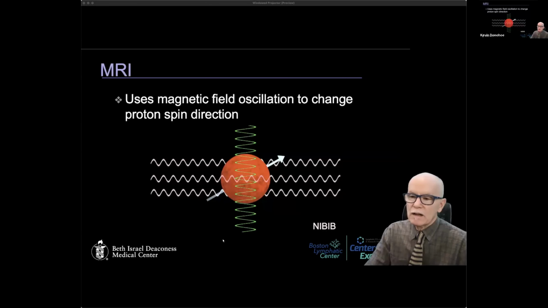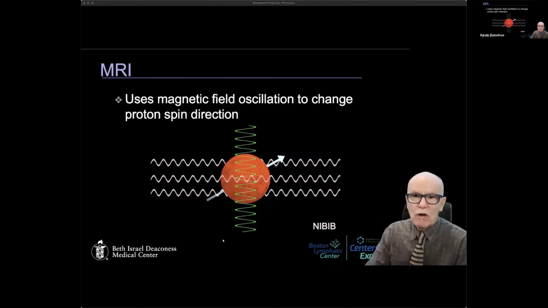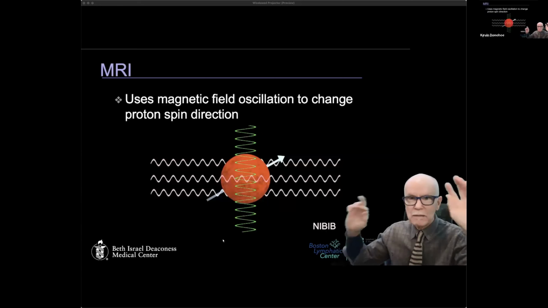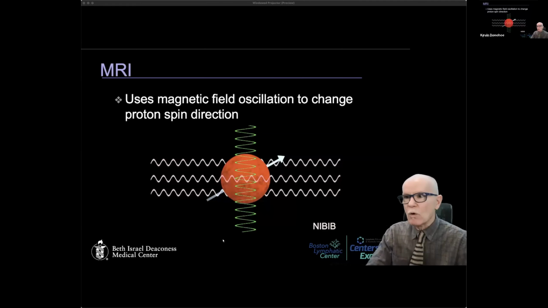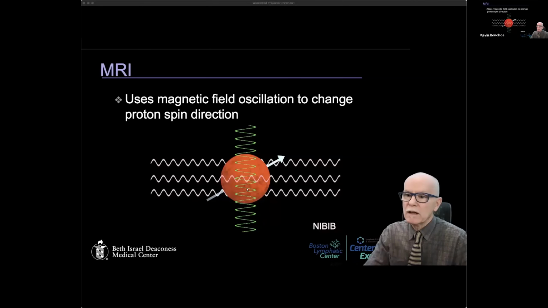But I don't want to get too technical here, but we've all got these protons in our body and they're spinning around and they're kind of lined up all sorts of different ways. Well, when you put it in a big magnetic field, all those protons line up, and you get them all pointing the same direction.